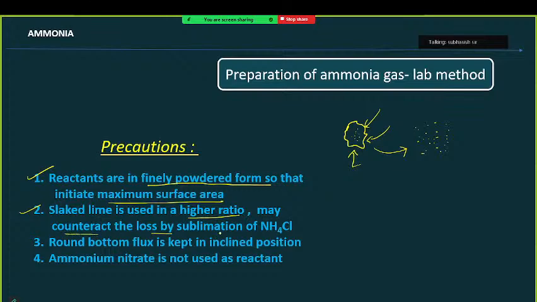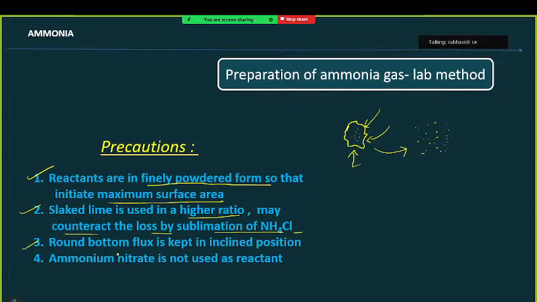Slaked lime is used in a higher ratio because it may counteract the loss by sublimation of ammonium chloride. When ammonium chloride is heated with calcium hydroxide, some of the ammonium chloride is vaporized, so in order to maintain the ratio, calcium hydroxide would be taken in a greater amount.